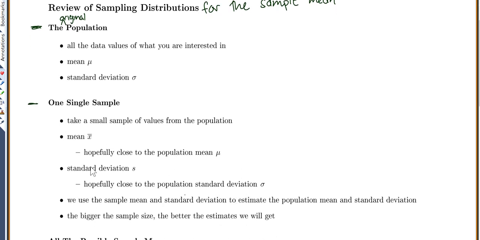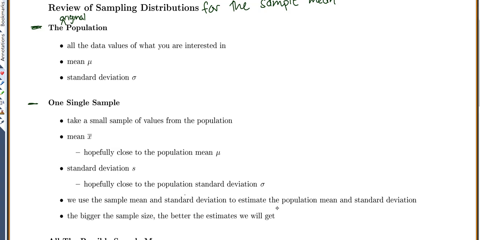You'll have your sample standard deviation s, which again hopefully is close to your population standard deviation sigma. Again, we want to use the sample mean and standard deviation to estimate the population mean and standard deviation. And the bigger the sample size, the better the estimates we'll get.